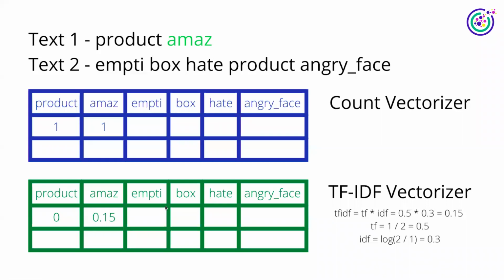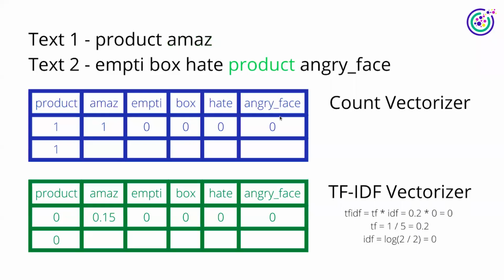Now, since we don't have the other entries in text 1, for both TF-IDF and count vectorizer, they'll become 0. For TF-IDF, term frequency is 0, so that eventually ends up becoming 0. All of these entries for both count vectorizer and TF-IDF vectorizer, right? So next, let's go over this again for text 2. Now let's fill our second row.